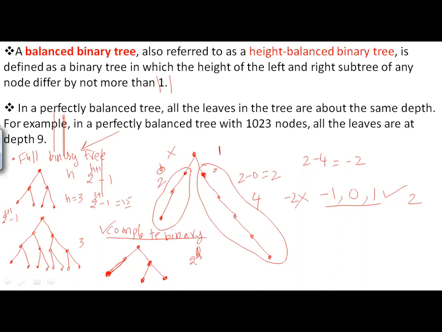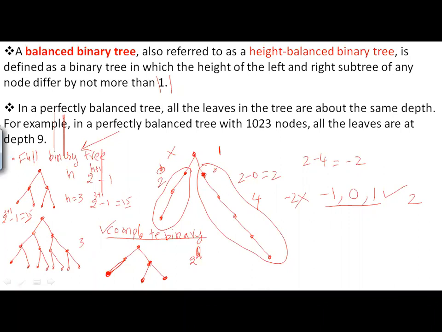So 2 power 4, 16 minus 1 means 15 nodes. It has 15 nodes. So that means when a perfectly balanced tree has depth 3, then it will have 15 nodes.